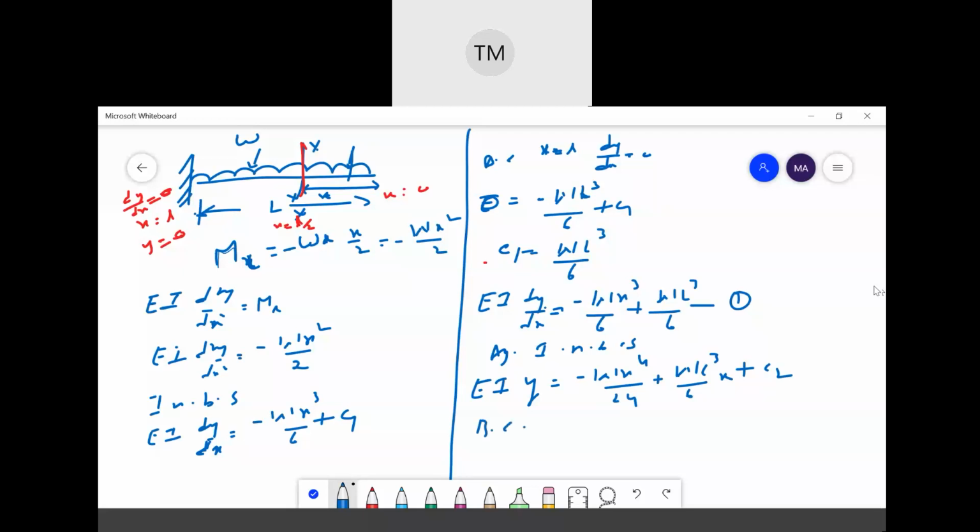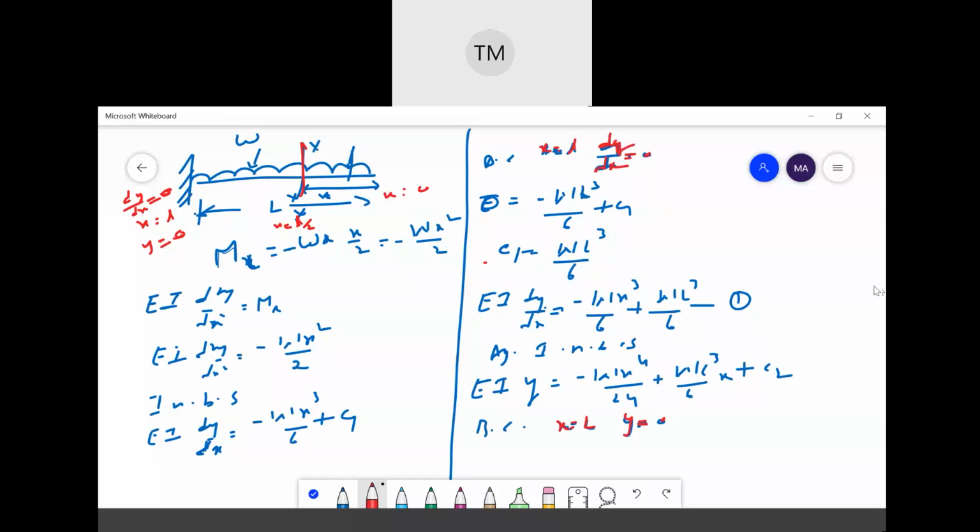Again I am applying the boundary conditions. At x is equal to L, y is equal to 0. Is it clear?